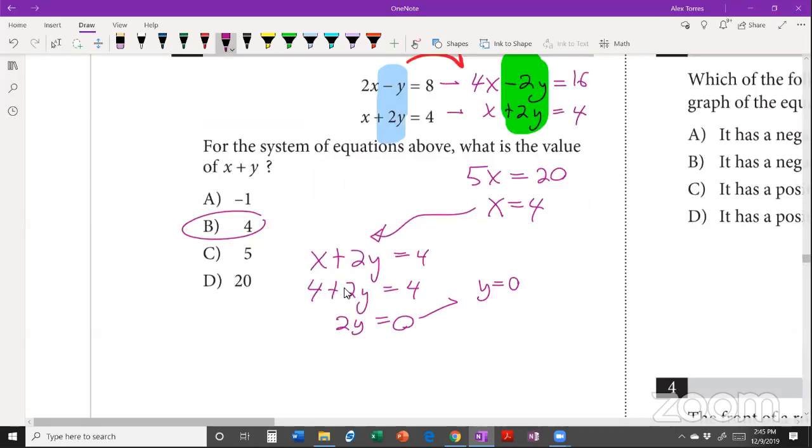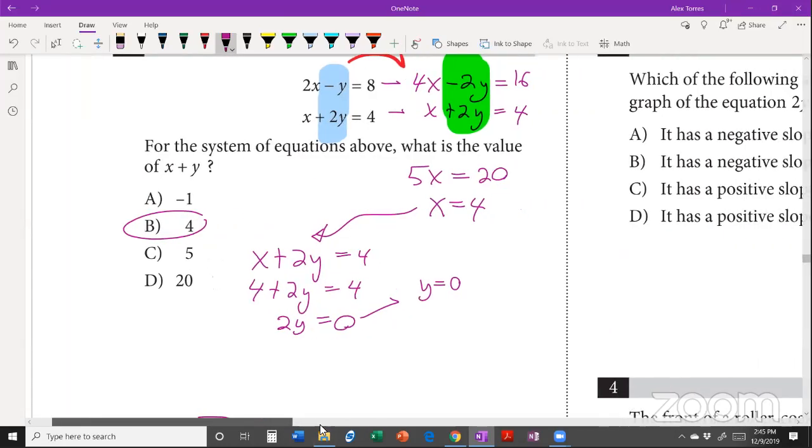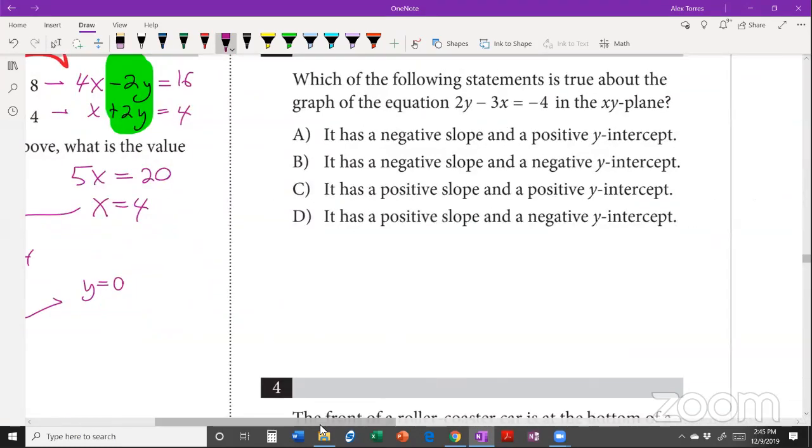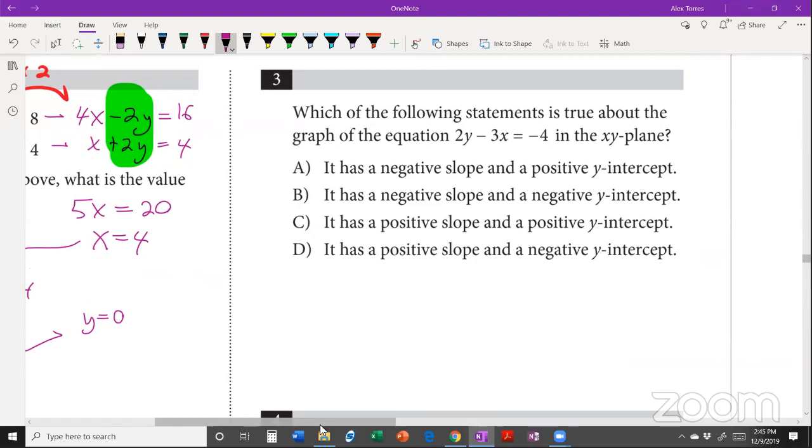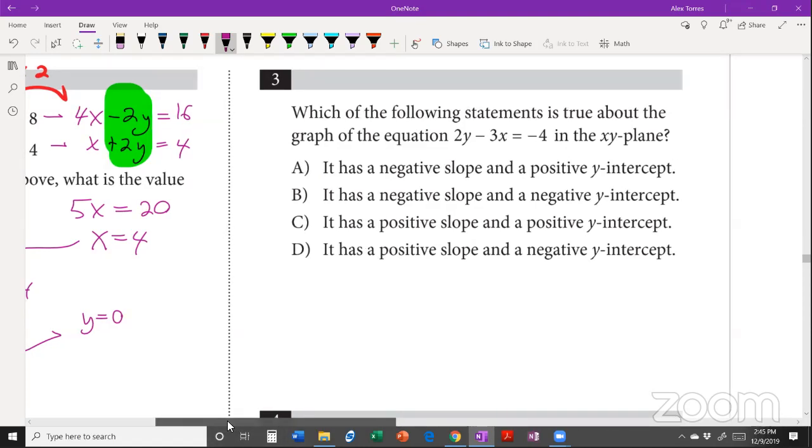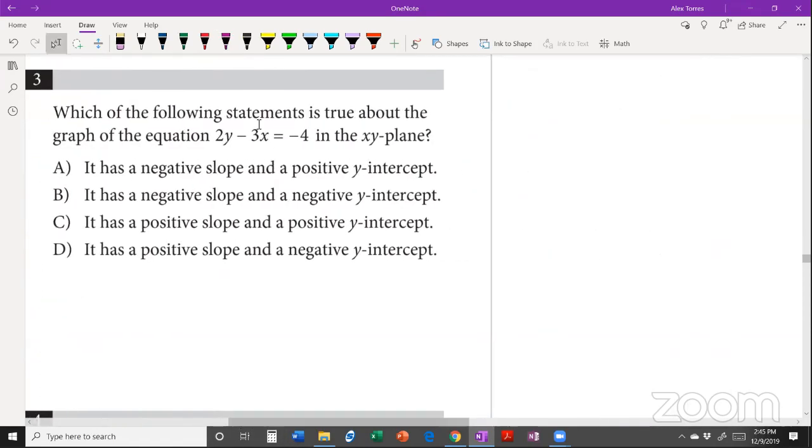So now going over to number 3. Which of the following statements is true? The question is asking us about the slope and the y-intercept of each of this situation. So each of them are different possible answers for what is the slope and y-intercept.